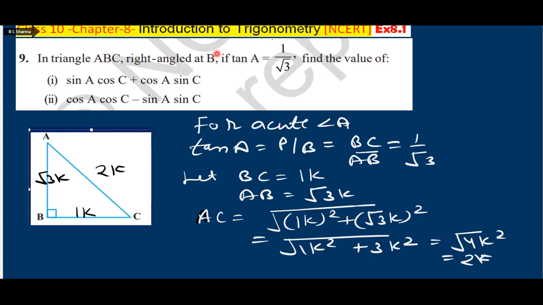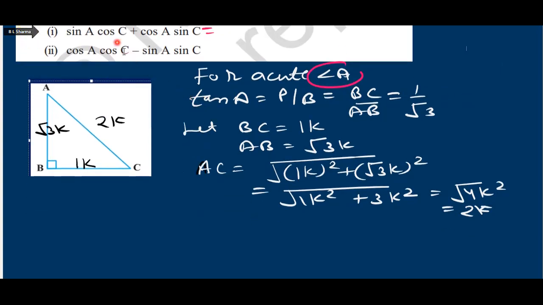लेकिन यहाँ पे हम परपेंडिकुलर बेस और हाइपोटेन्यूज जो बता रहे हैं अभी, ये बता रहे हैं हम एक्यूट एंगल A के लिए, C के लिए नहीं, यहाँ पे C भी है. So now, after getting the three values, we have to find sine A. So for acute angle A, perpendicular is BC, that is 1K.